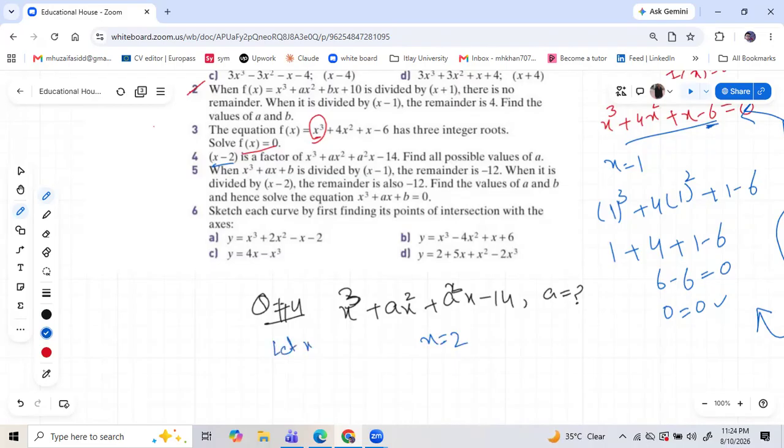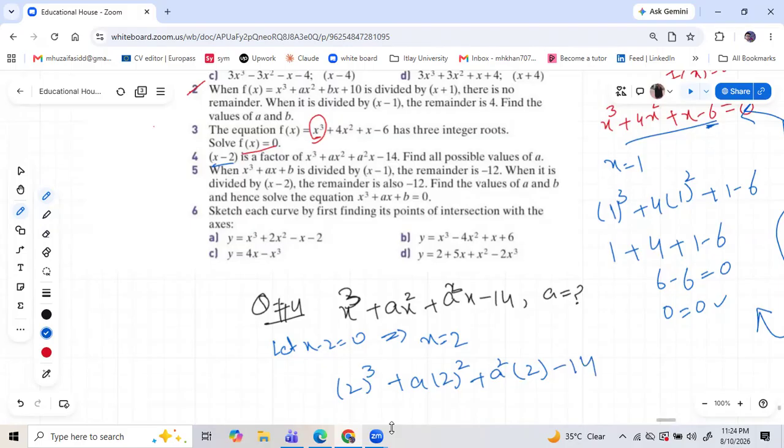We put it here: 2 power 3 plus a into 2 square plus a square into 2 is minus 14.